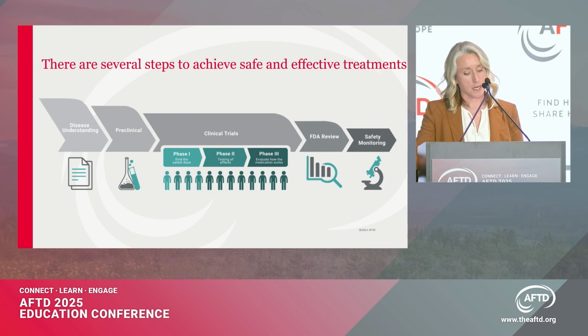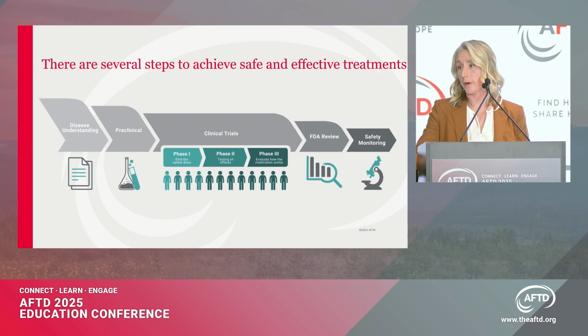With clinical trial data collected, it will then undergo regulatory review by agencies such as the Food and Drug Administration. And that medical intervention will then continue to be monitored for its safety in humans in the long term.